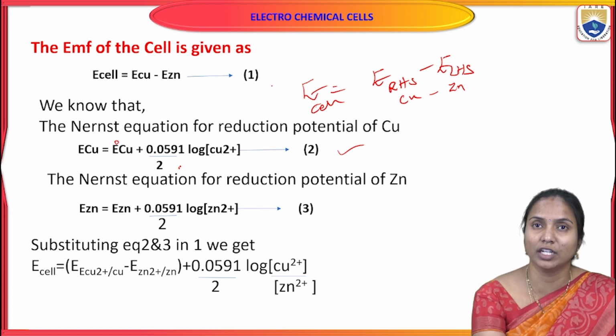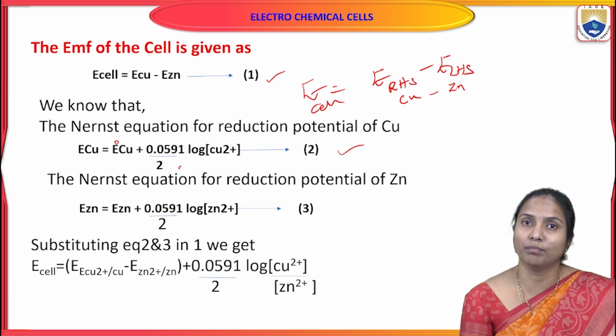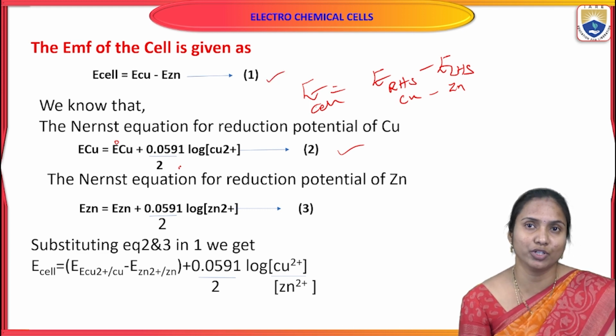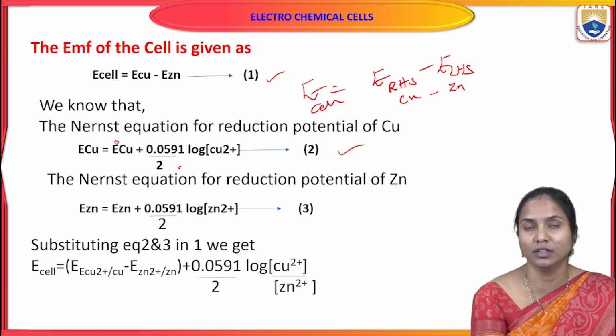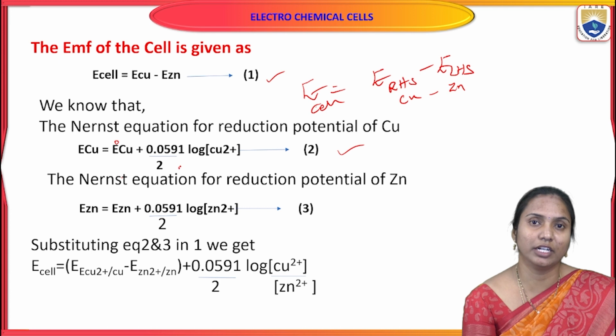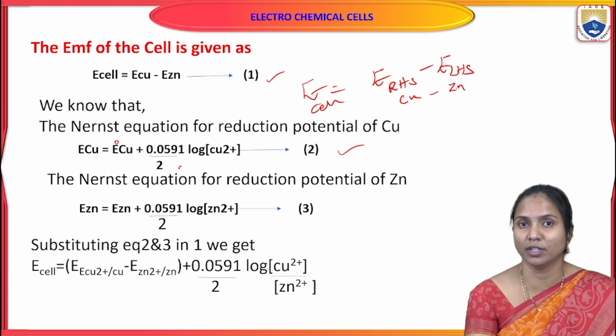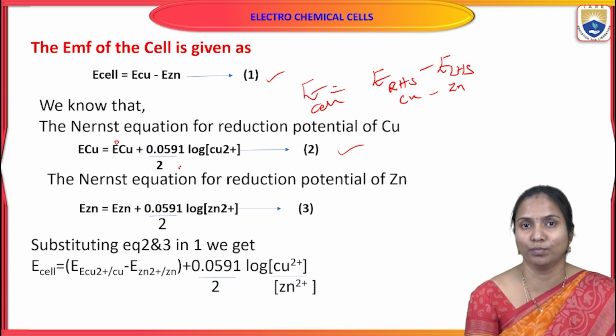Here E cell equals E copper minus E zinc. This is equation number 1. When we apply the Nernst equation for reduction potential of copper, E copper equals E naught copper, that means standard reduction potential of copper, plus 0.0591 by 2 log Cu2+.